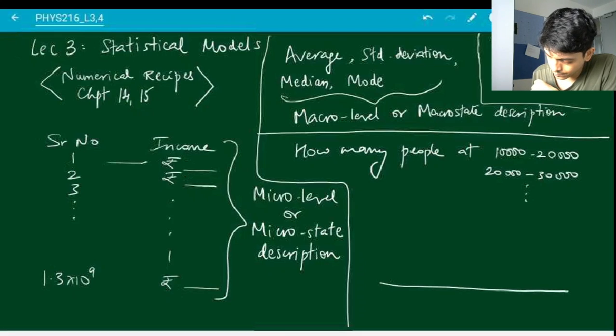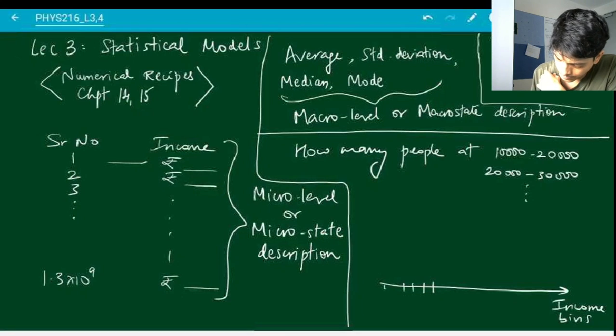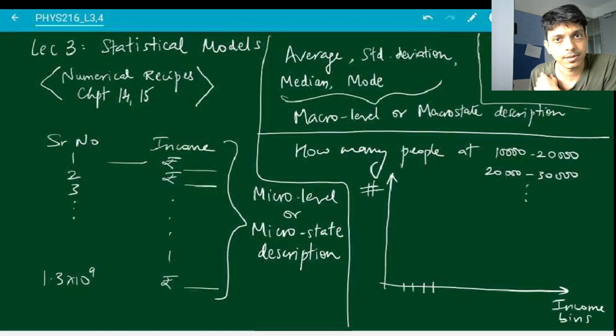So now what you can do is, on your x-axis you can plot income bins. So 10,000 to 20,000, 20,000 to 30,000, 30,000 to 40,000, and so on. And on the y-axis, you are plotting the number of people who fall in each category.